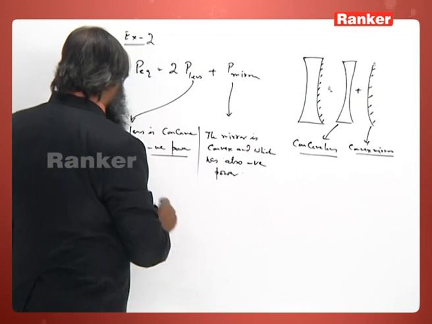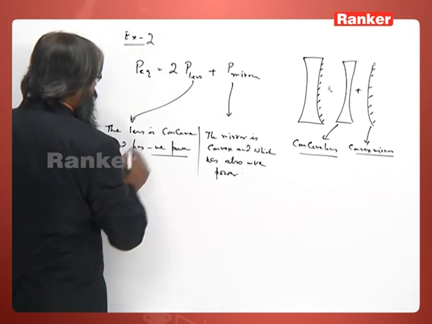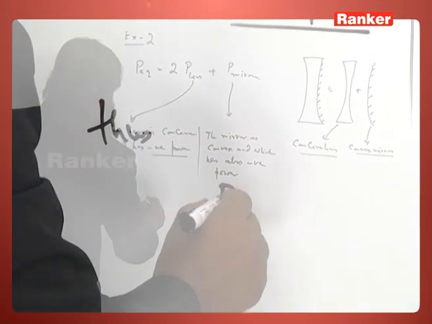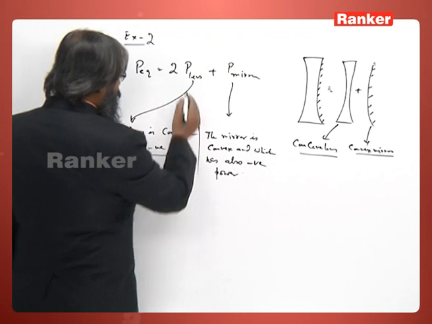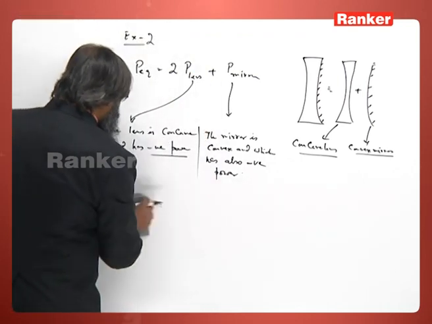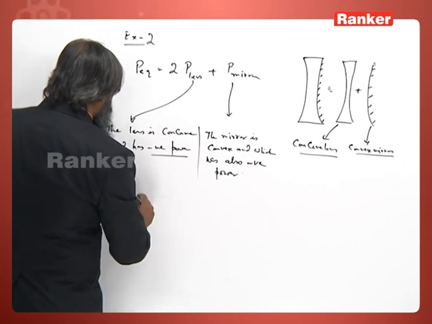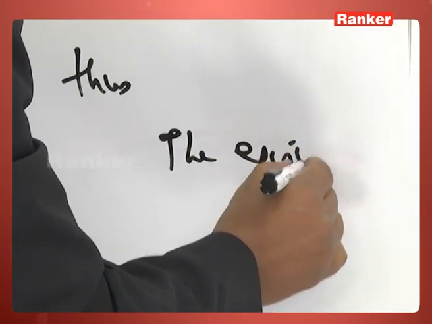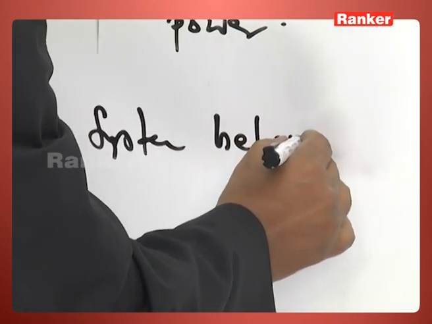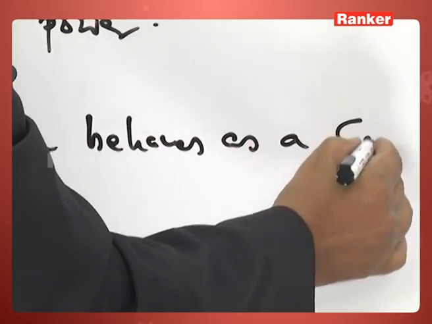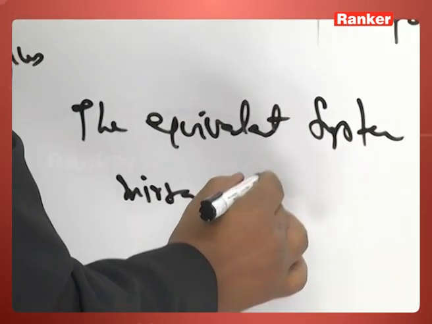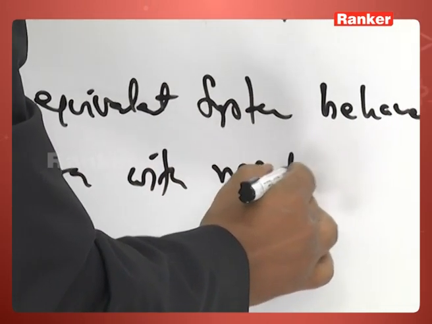So the powers, thus you see this quantity is negative, this quantity is negative, so when you put the power, these are negatives, so P equivalent, thus the equivalent system behaves as a convex mirror with negative power.